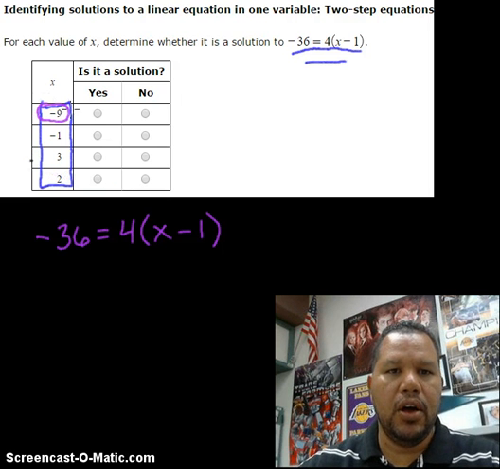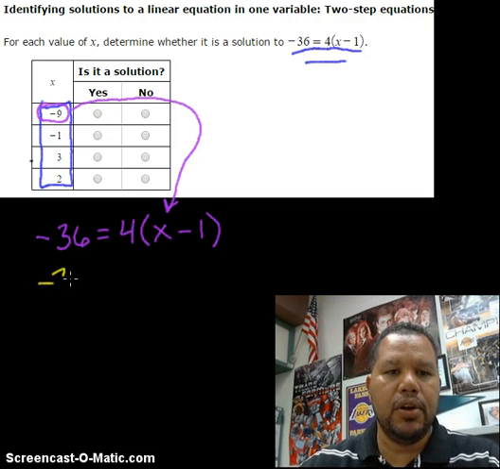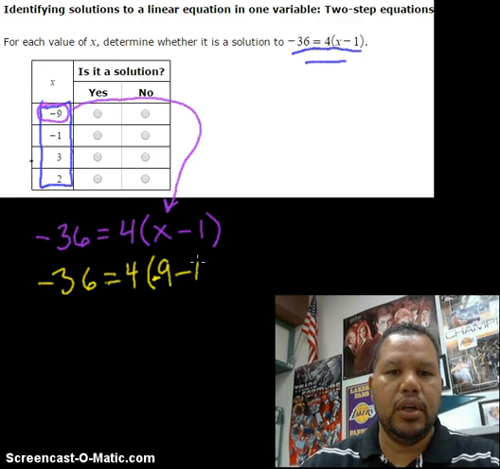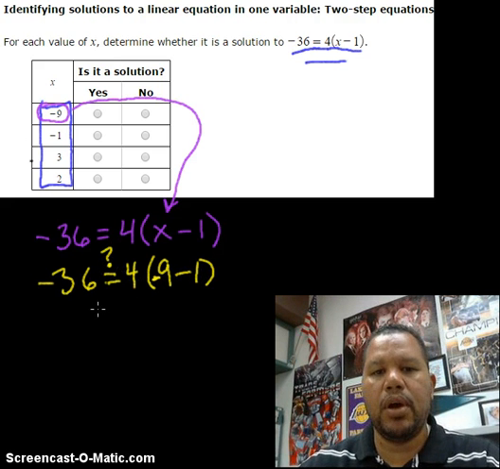So we get negative 36 equals 4 times negative 9 minus 1. And we want to see, is it true? So that's why I put that question mark there.